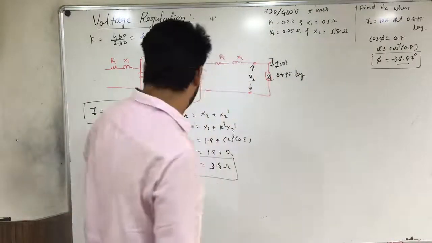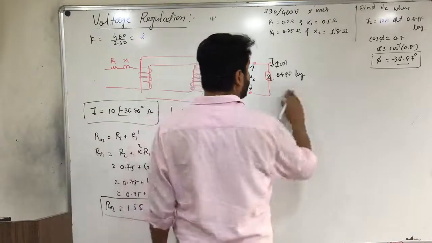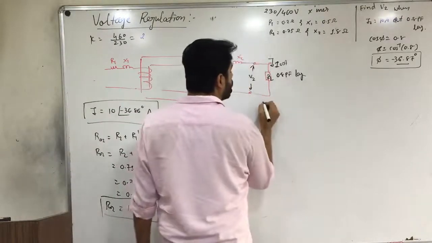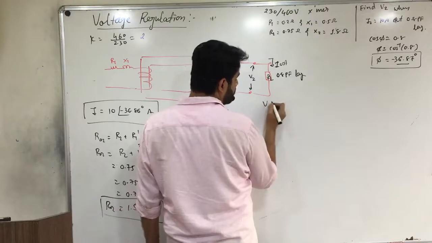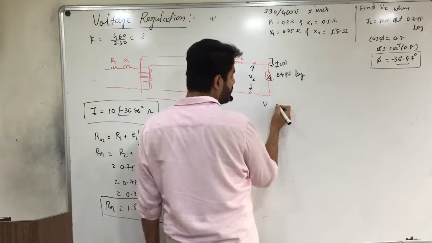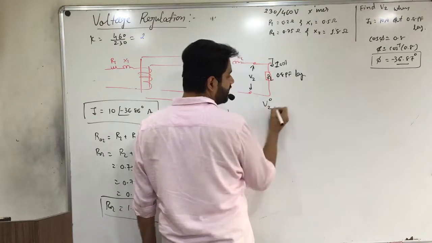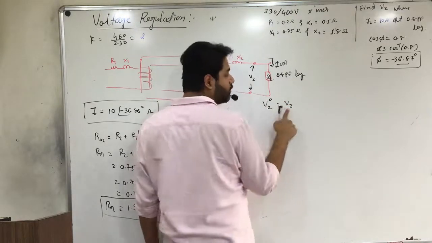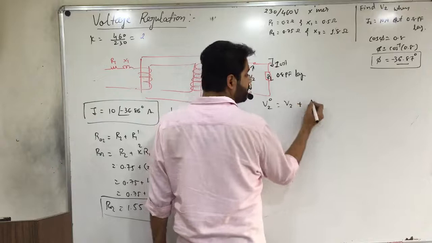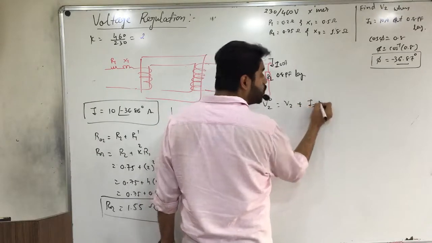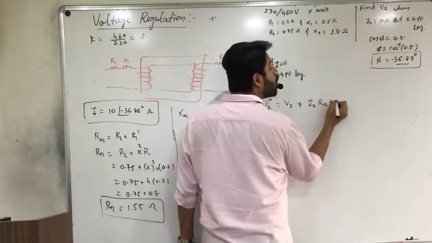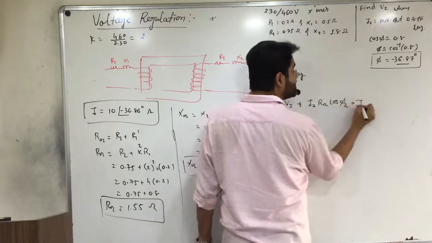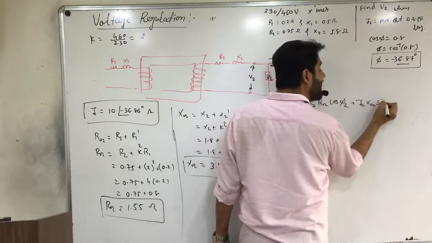So I have got RO2 and XO2. No load voltage is equal to full load voltage plus I2 RO2 cos phi 2 plus I2 XO2 sin phi 2.